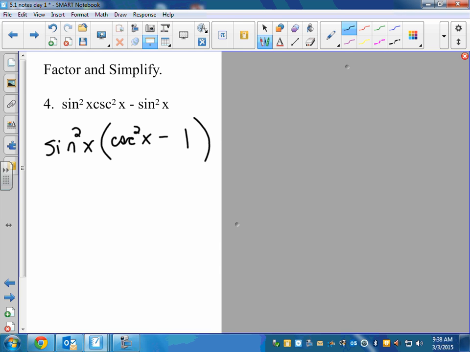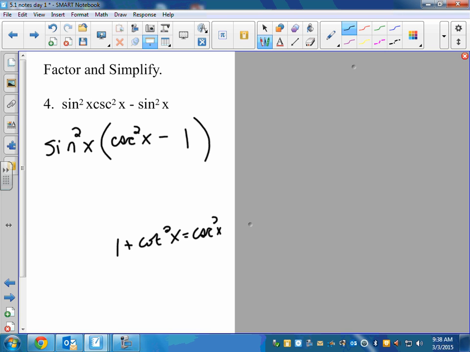So let's go back and tell me what's the Pythagorean identity that has cosecant squared in it. Well, wait a second. 1 plus cotangent squared equals cosecant squared. So if I subtract the 1 over, does that equal cotangent squared? You see how I can make that match what's up here?